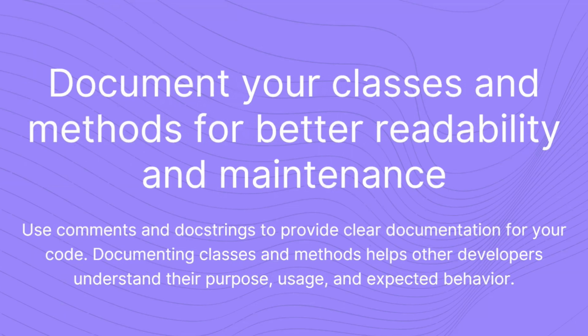Use comments and docstrings to provide clear documentation for your code, as you can see in the example I just showed you in earlier slides. Documenting classes and methods helps other developers understand their purpose, usage, and expected behavior.